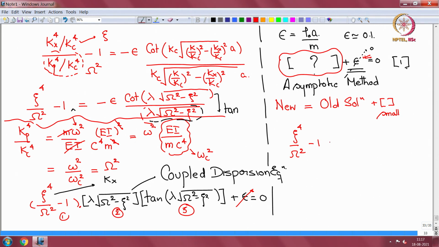So this can be 0, for example, and this represents the flexural wave in the plate, in the 1D plate. We will see that again. Then we have lambda square root of omega square minus xi square, which represents the plane acoustic wave in the duct.